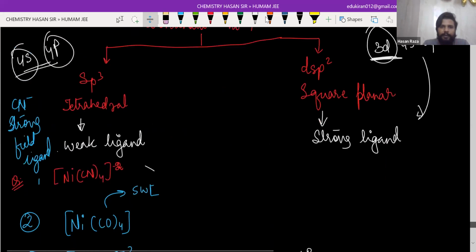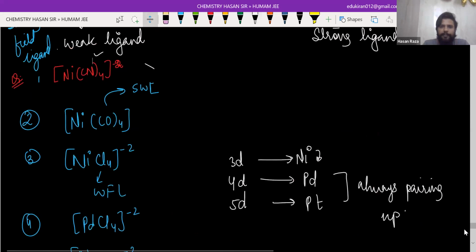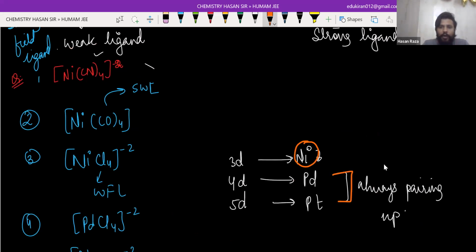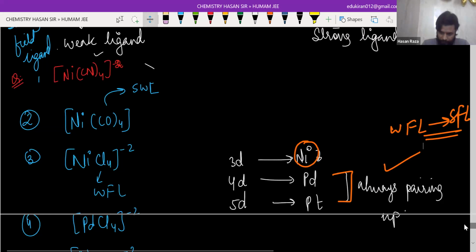Here I was talking about tetrahedral, weak field ligand, and then I gave you this example directly. Yeah, here it is. Nickel. In the 4d and 5d series, there is always pairing up. That means if a weak field ligand is there, it will convert itself into a strong field ligand. Basically, a weak field ligand will also act as a strong field ligand in this case.